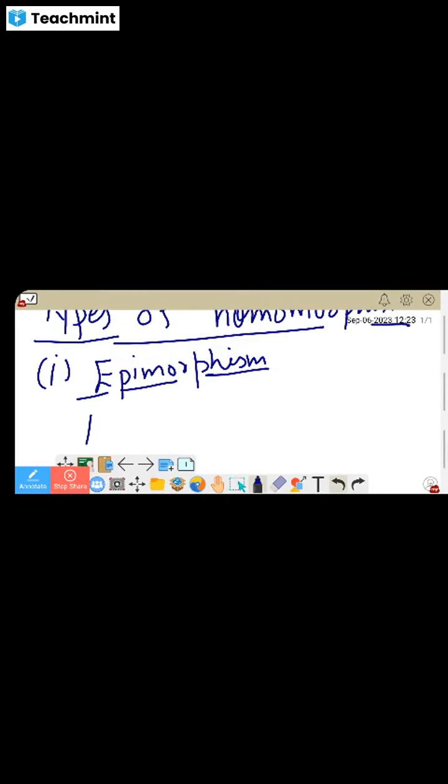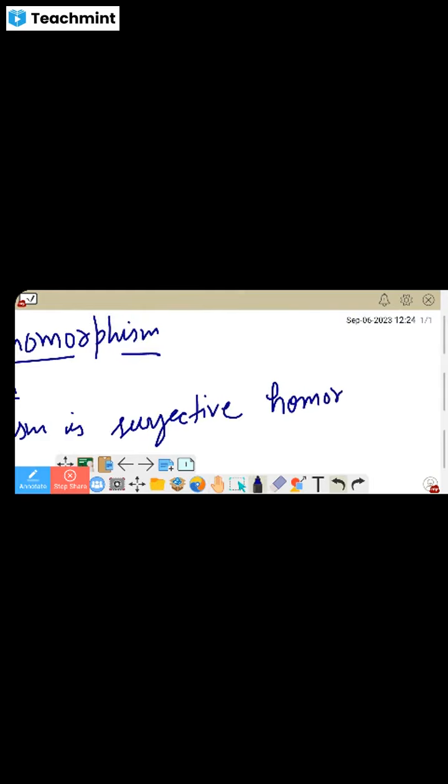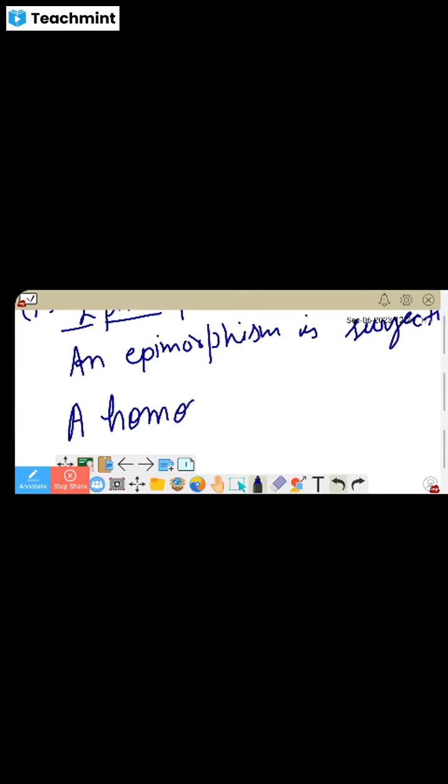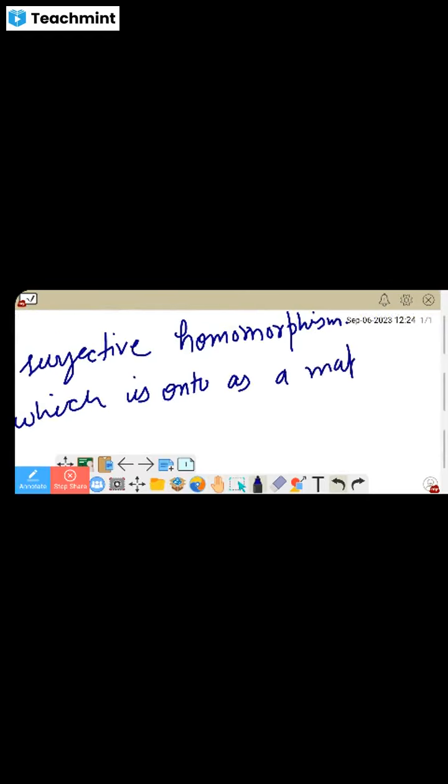An epimorphism is a surjective homomorphism, or we can say a homomorphism which is onto as a mapping. Okay.